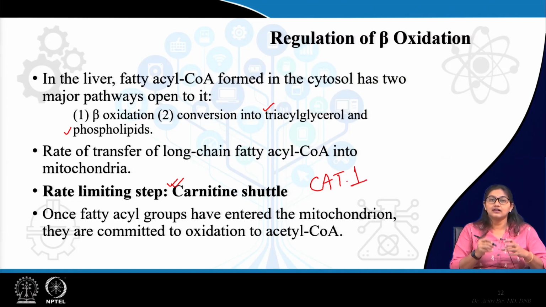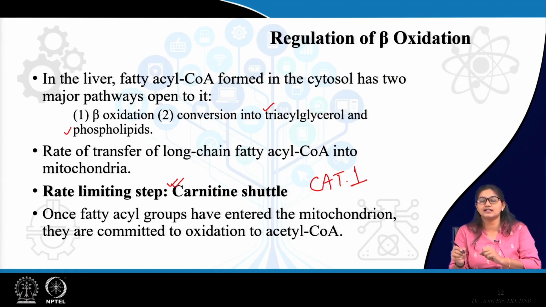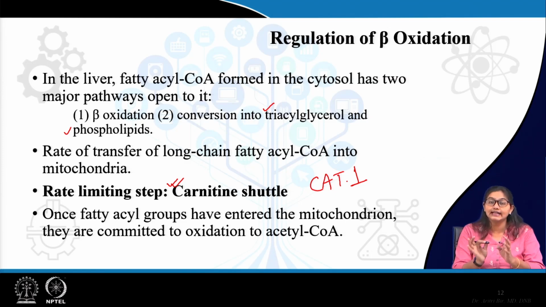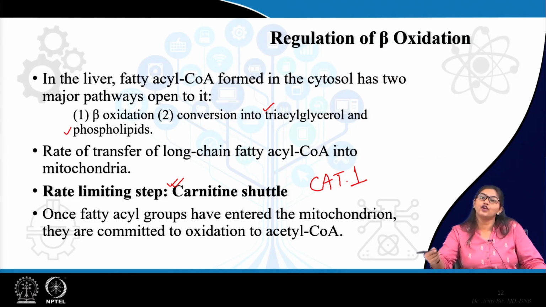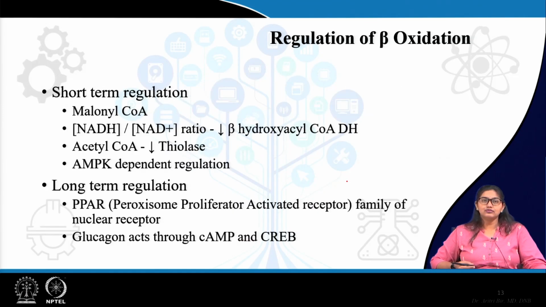Once the fatty acyl coenzyme from cytosol enters mitochondria, it is committed for beta oxidation or oxidation of fatty acid. So, this carnitine shuttle is the decisive step for whether beta oxidation will occur or not.